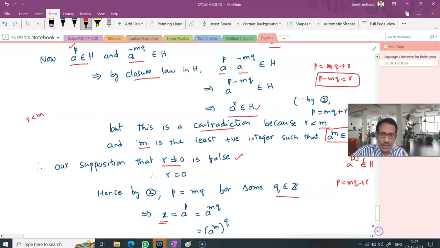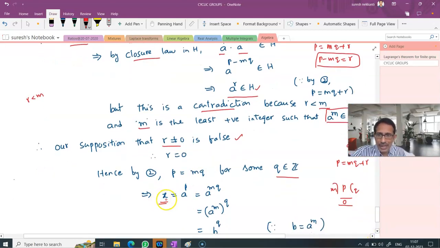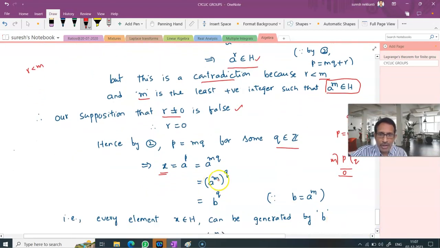R is equal to 0 means P is equal to MQ. That means when you divide P by M, it completely divides, the remainder is 0. Therefore, X is equal to A power P, which is A power MQ. That means X, an element of H, is written as a power of A power M. What is A power M?